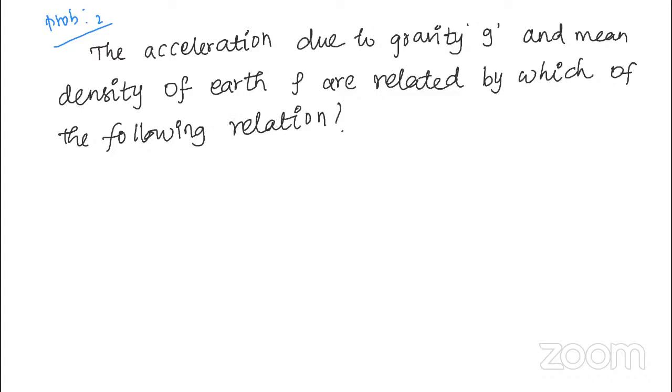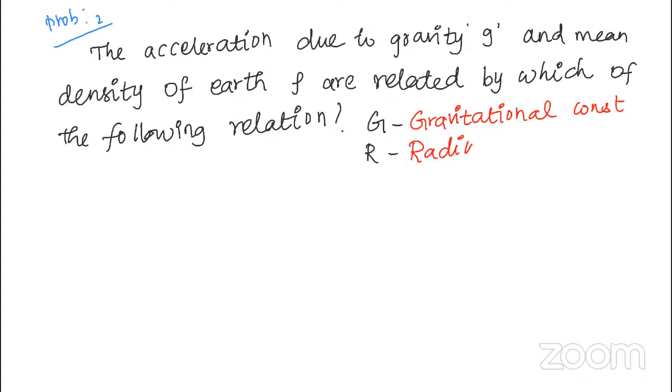Here they are given the G value and R. So we know that what is G? That is gravitational constant. And R is nothing but the radius of the Earth.